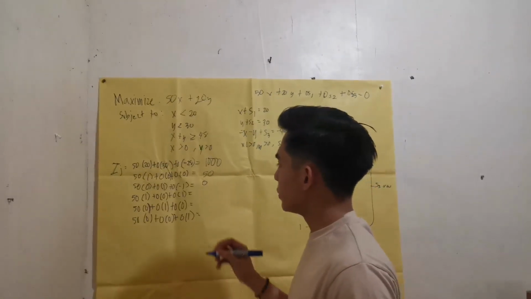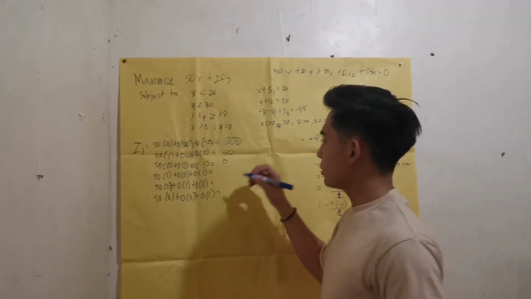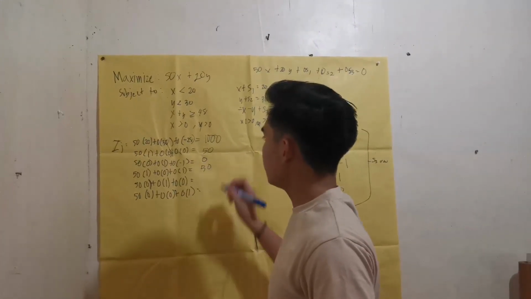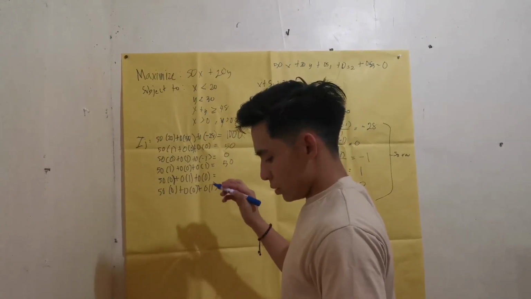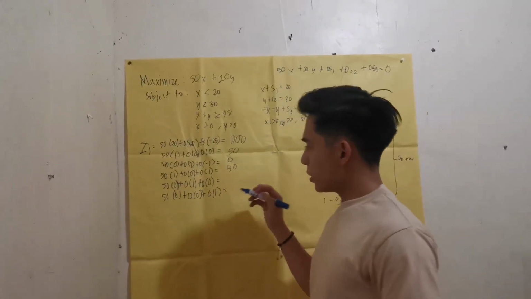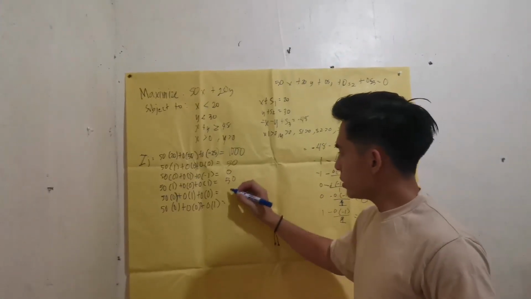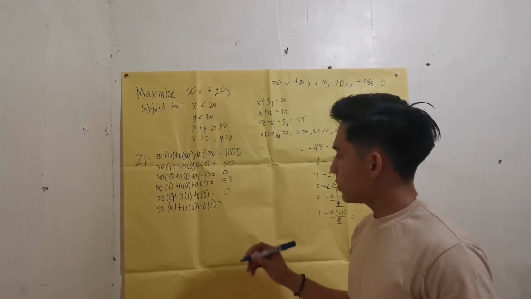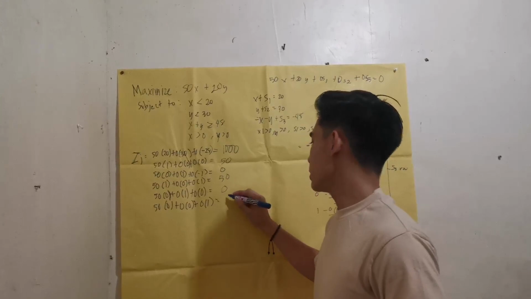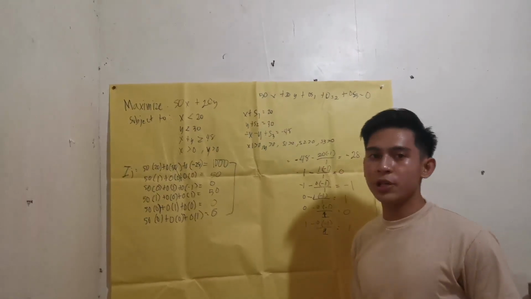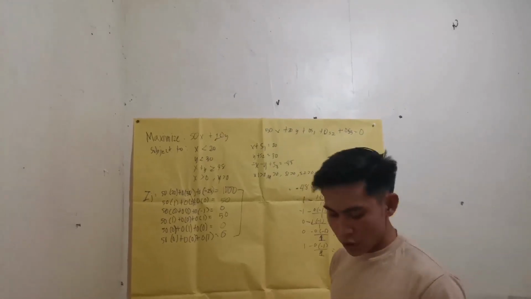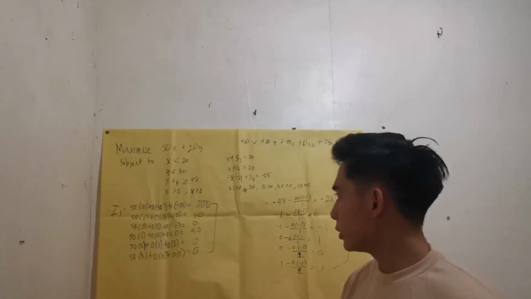Then 50 times 1 is 50. And 50 times 0 plus 0 times 1 plus 0 times 0 is 0. So this is the value of your z sub j row, and we input it in our tableau.